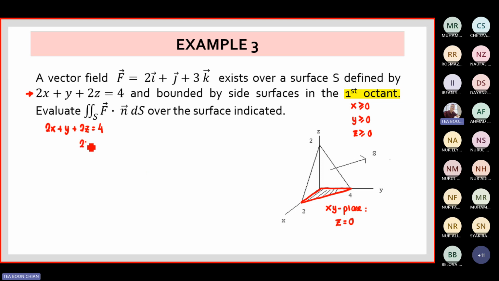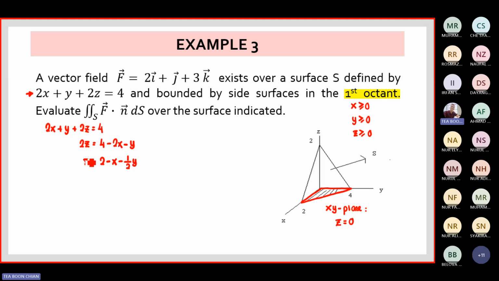Therefore, the second z equation should be obtained from here: 4 minus 2x minus y. Remember, you always obtain the same pair of variable function in surface integral. Therefore, z equals to 2 minus x minus 1 over 2 y.